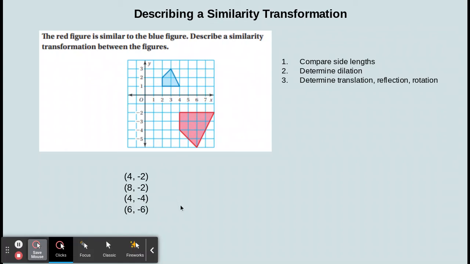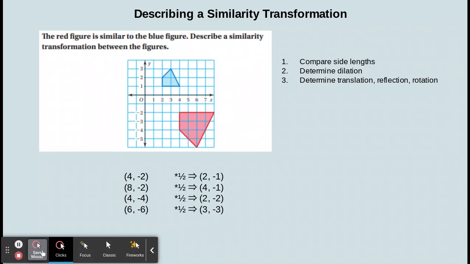Okay, so here are the coordinates of my red figure, and I am going to then use a dilation or a scale factor of 1/2 so I can get it down to the same size as the blue one.